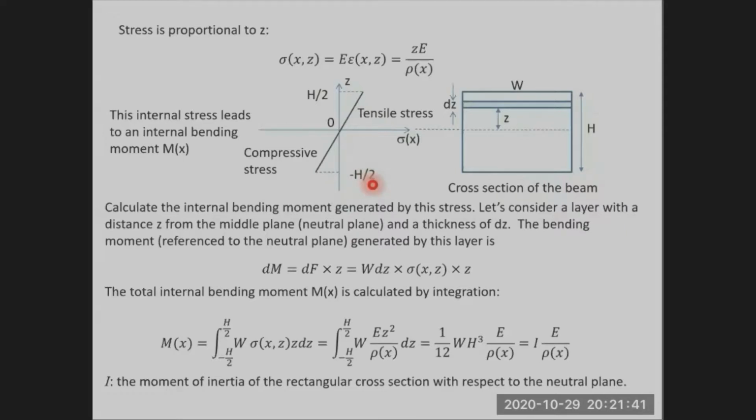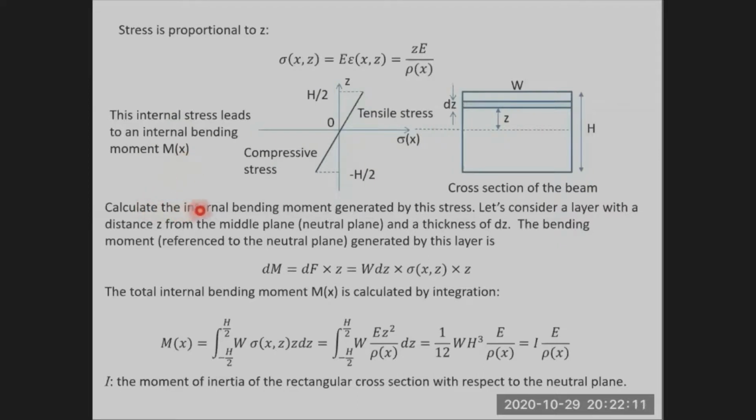Above the neutral plane, the stress is tensile, it's positive. Below the neutral plane, the stress is compressive. And this internal stress leads to an internal bending moment Mx. That's actually the origin of the internal bending moment Mx.